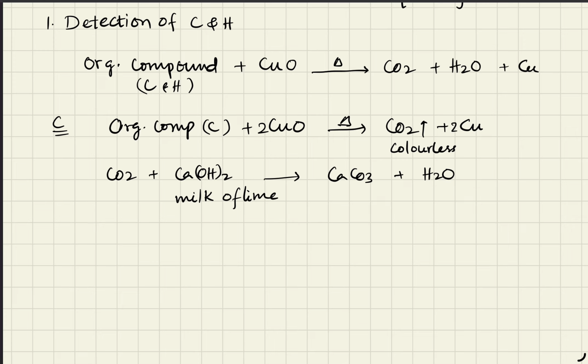I think the 2 oxygen balance this. We call this a precipitate or turbidity. So calcium carbonate turbidity formed means we can confirm that carbon is present in the organic compound. This is confirmed.